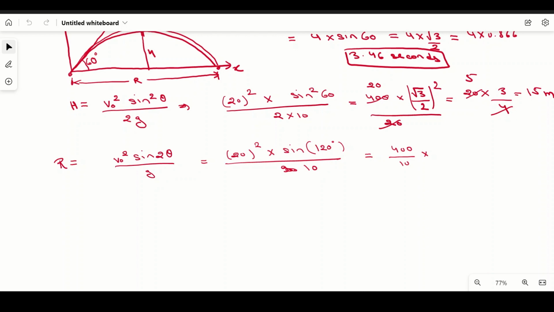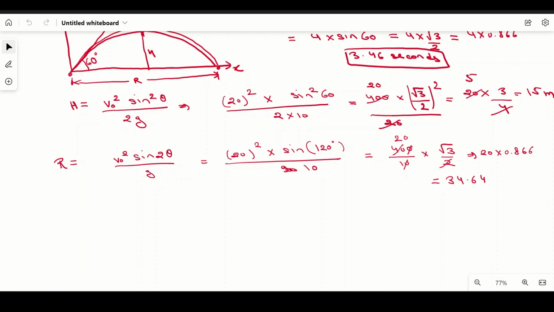Sine 120 is root 3 by 2 or 0.866. So 20 into 0.866 is equal to 34.64 meter. You can calculate this value from the calculator.